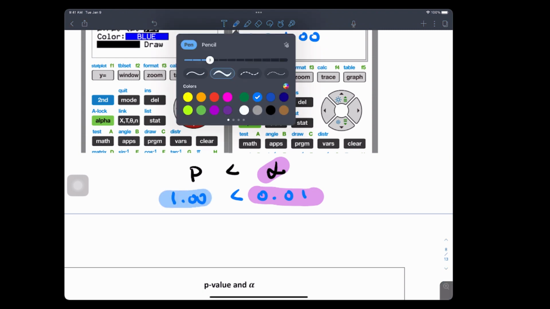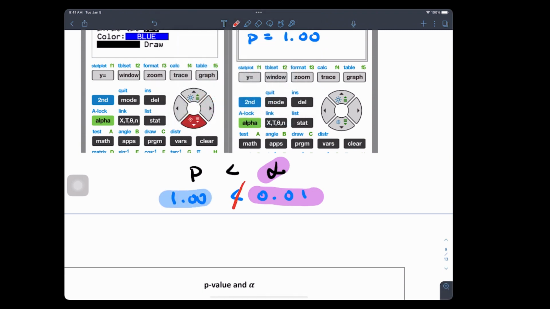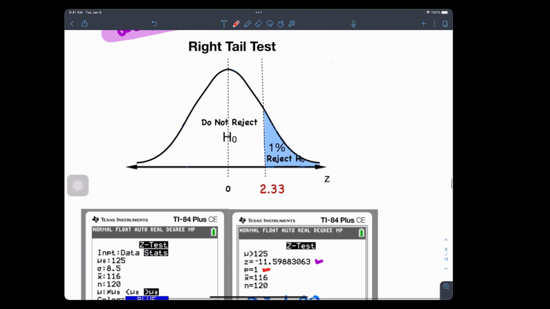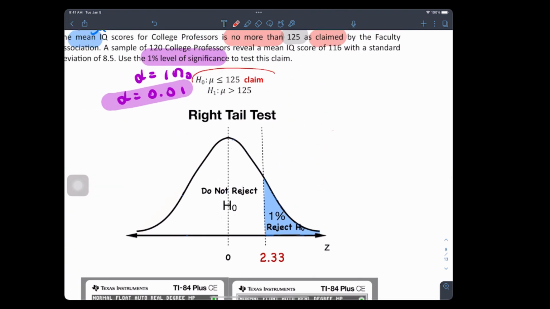The answer is no. So if it's not smaller, we automatically accept the what? The null hypothesis. You accept the null hypothesis, and what's the null? Well, the null is right here. That means you're rejecting the alternate.